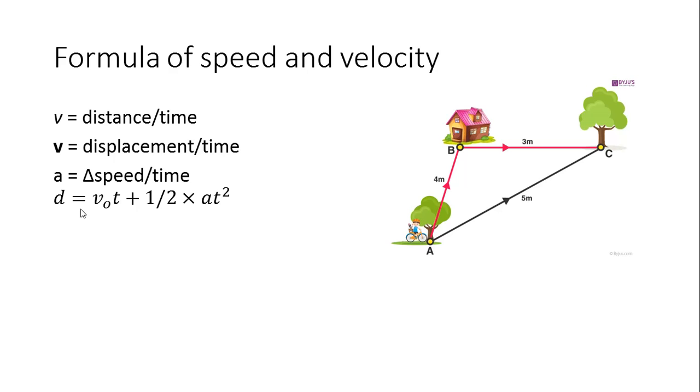The symbol of delta is this triangle. And if you want to find the distance traveled by an accelerating object, you must use this formula: d equals v0 t plus half times a times t squared.